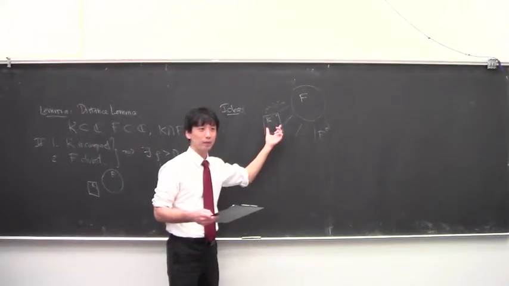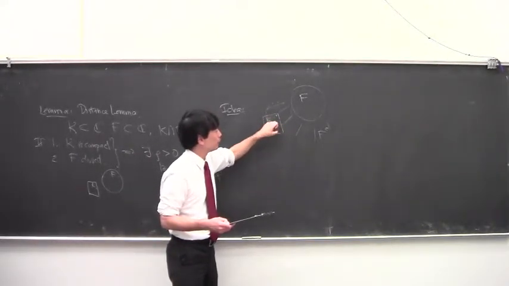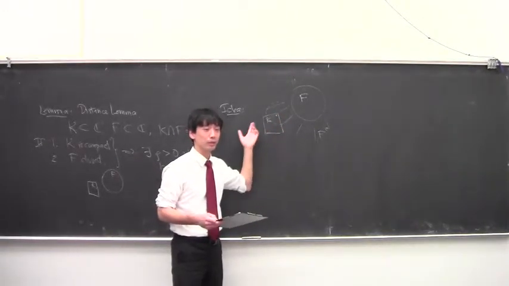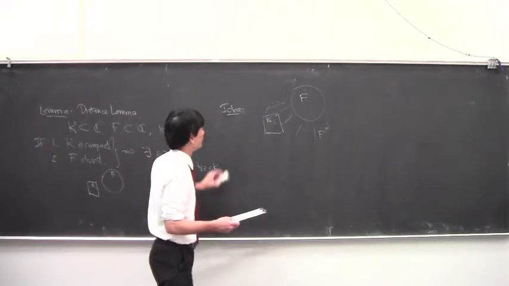You can take a finite subcover, and then you use that finite subcover to create your rho.